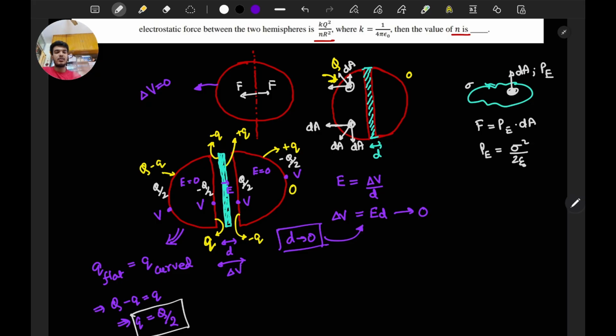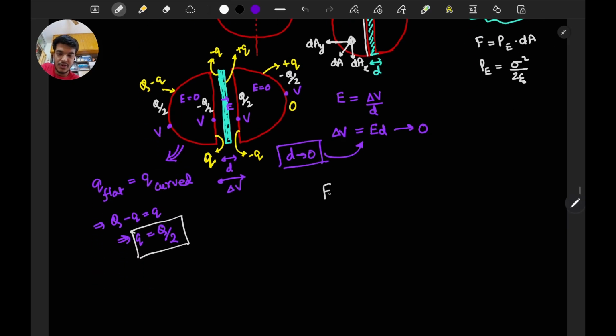So basically, when you vector sum all of this over the entire hemispherical surface, the vertical components would remain and the horizontal components would cancel out each other. That's why we take the projected area when we are calculating for the curved part.